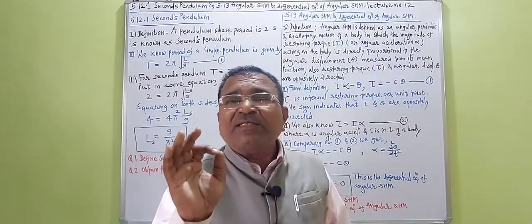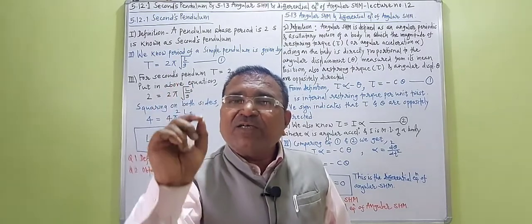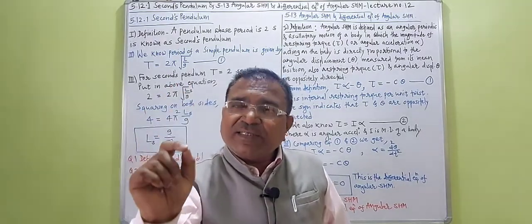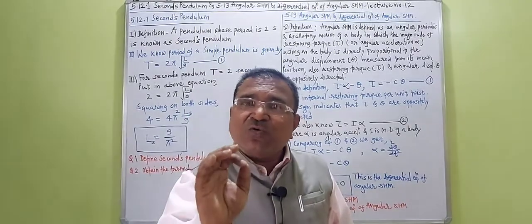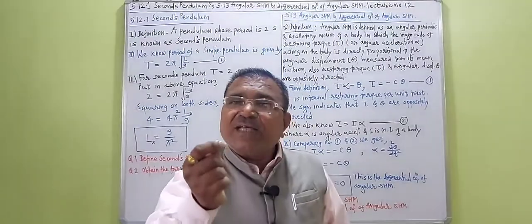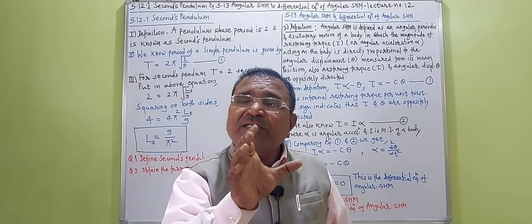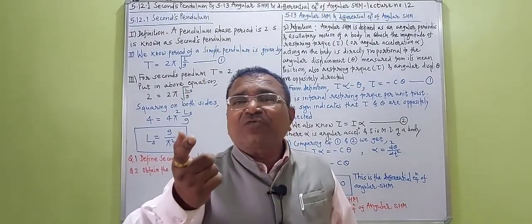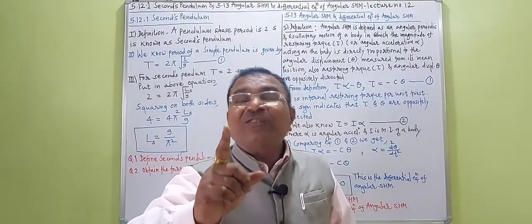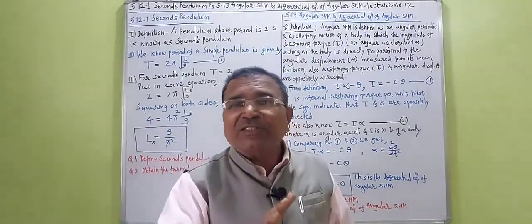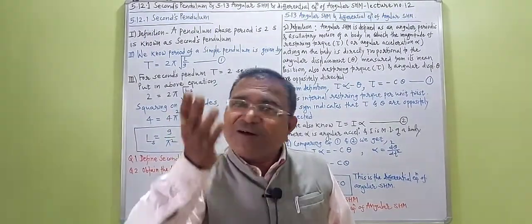Angular SHM is defined as an angular periodic and oscillatory motion in which the magnitude of restoring torque tau, or angular acceleration alpha, is directly proportional to the angular displacement theta measured from the mean position, where tau and theta are oppositely directed.